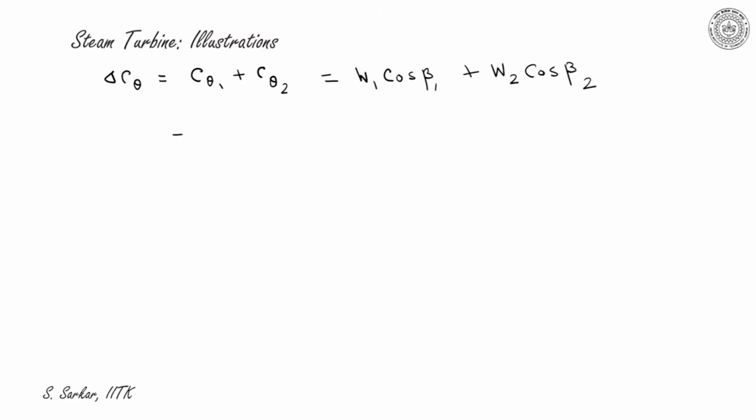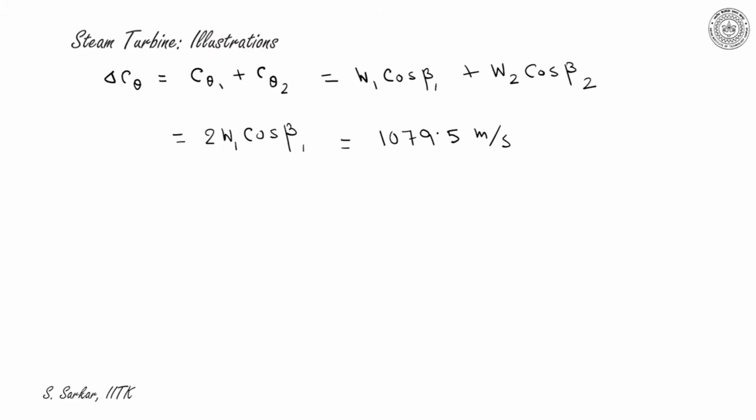This must be equal to twice W1 cos beta 1, W1 and W2 being the same, and beta 1 and beta 2 being the same. So if you calculate this, you will get 1079.5 meter per second. Thus I have evaluated del C theta, which is C theta 1 plus C theta 2.